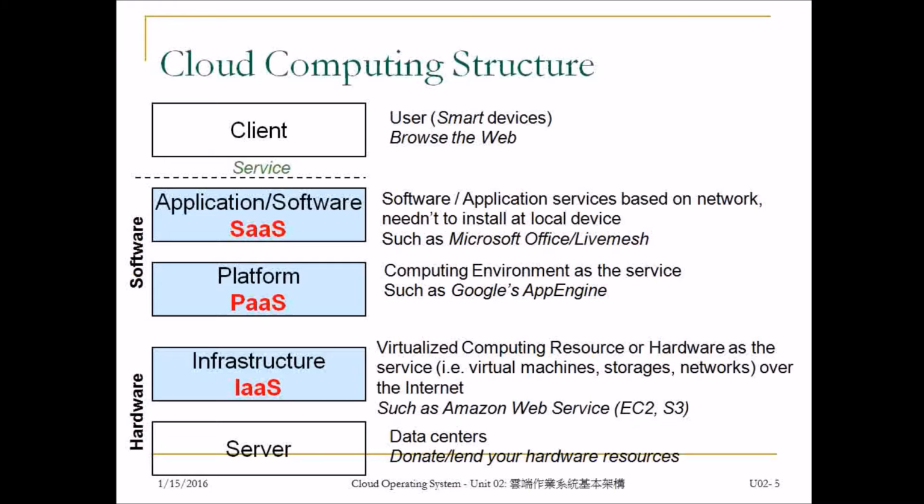So the client user can give their requirements and rent the corresponding virtualized computing resource. This computing resource will be merged as one virtual machine, providing a service to the client via the internet.